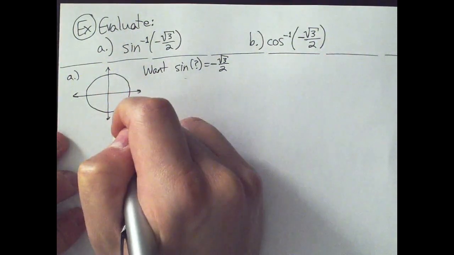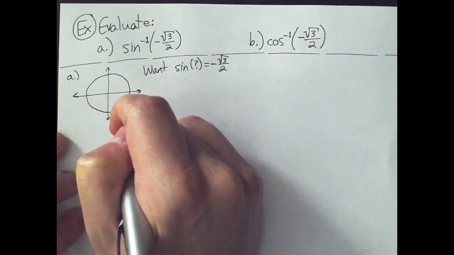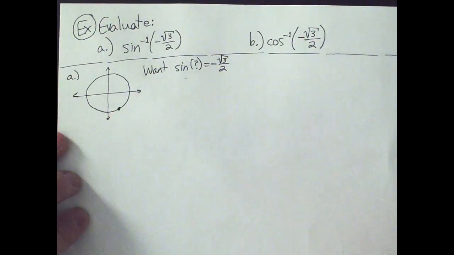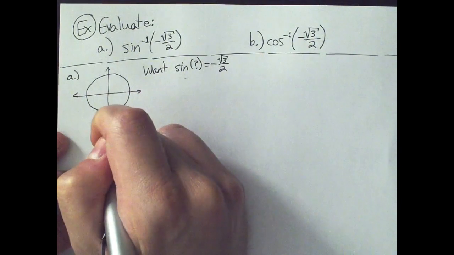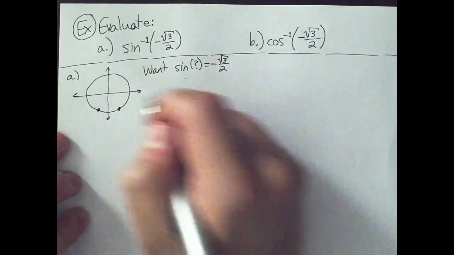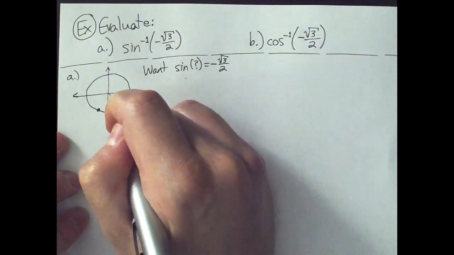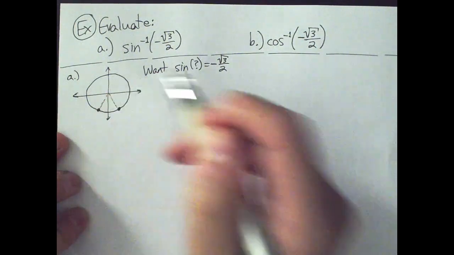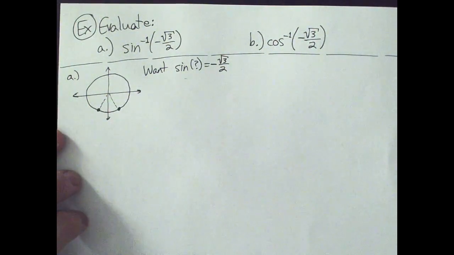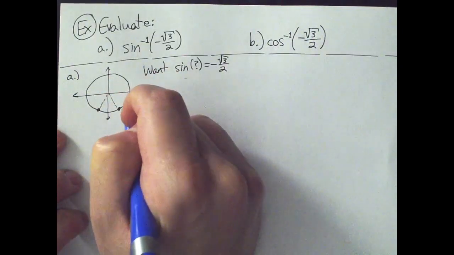And I can think of a place here where that happens. It kind of looks like maybe there's two answers, but only one of them is going to be in the correct interval. And that is if I use this one.